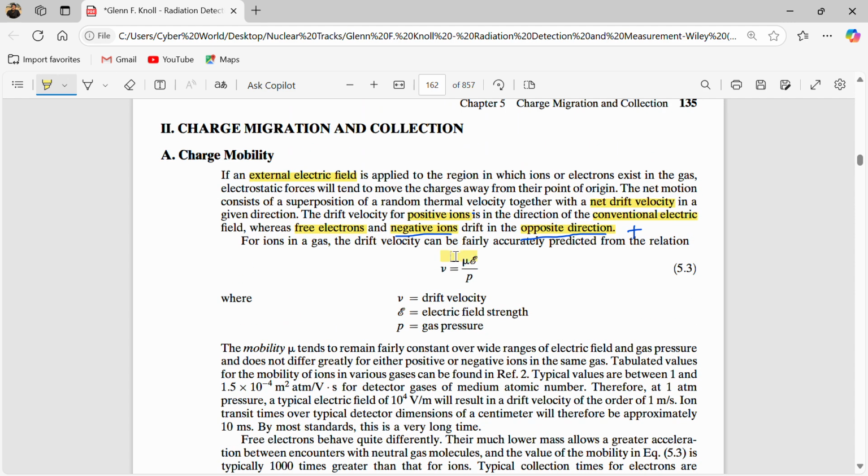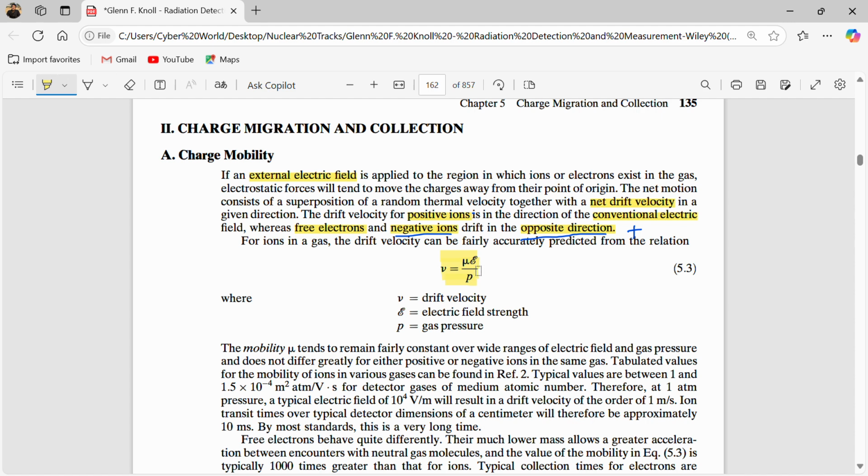This is the formula to find the drift velocity of the particles after applying the external field. The drift velocity v is equal to mu times E over P, where mu is the mobility factor.